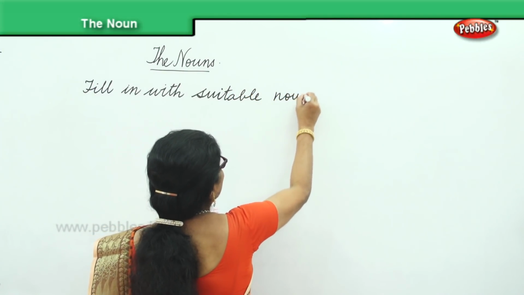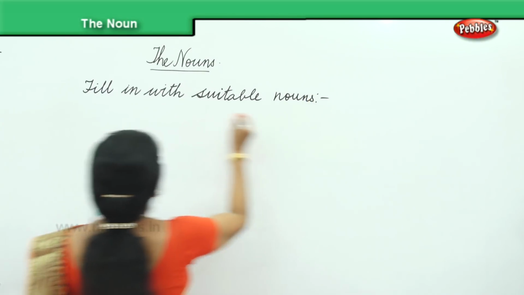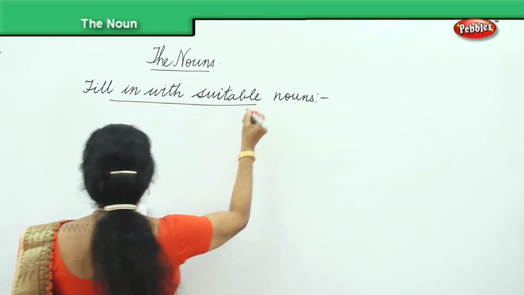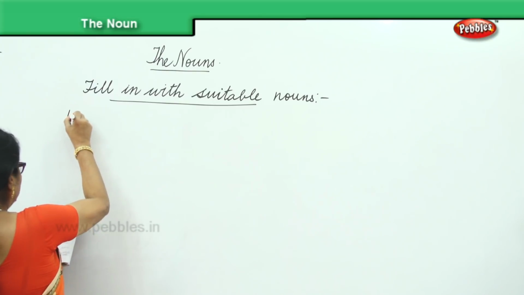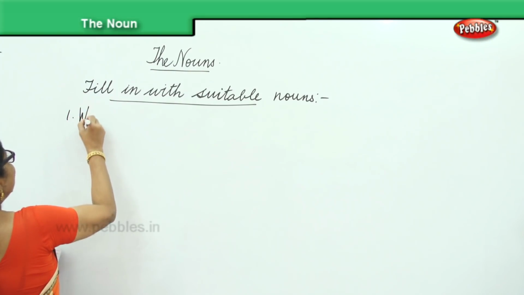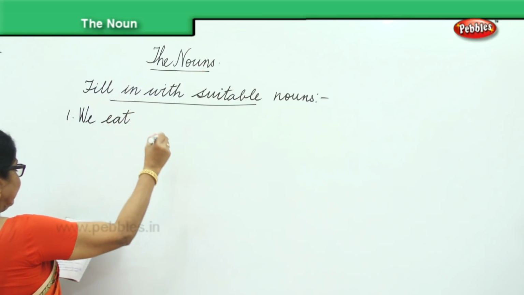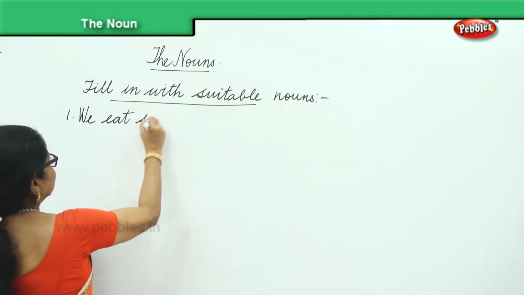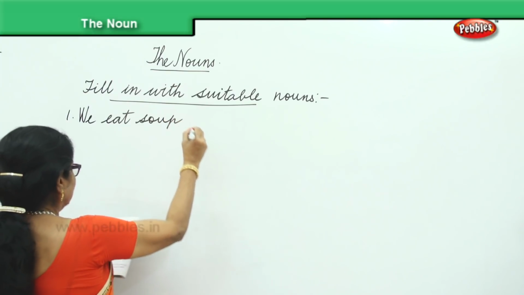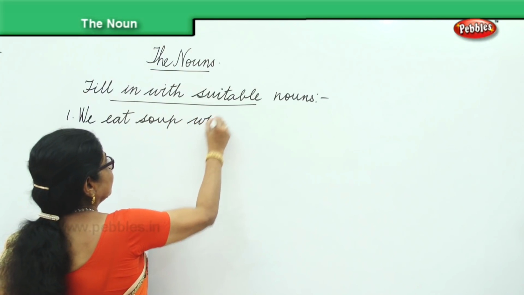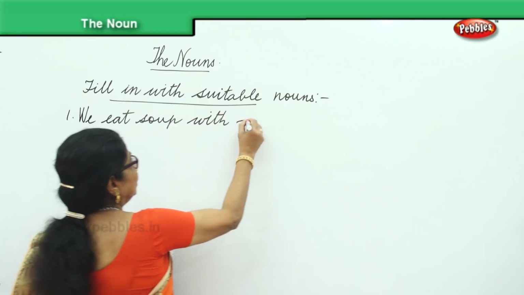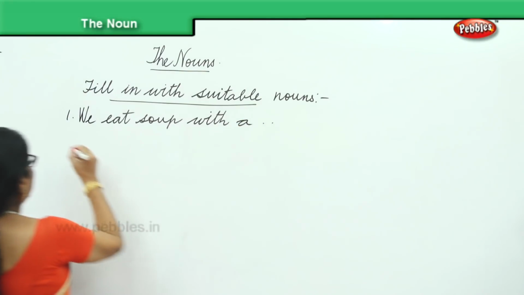You can put any nouns to complete the sentence for me. Okay? Now, first I have here for you, we eat soup with, you can put in anything.